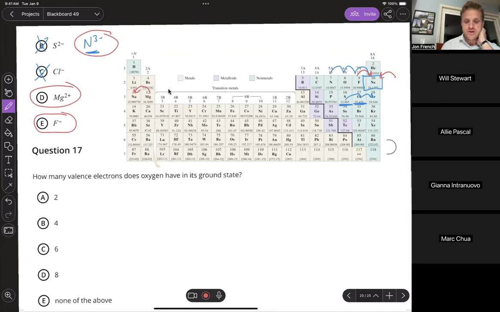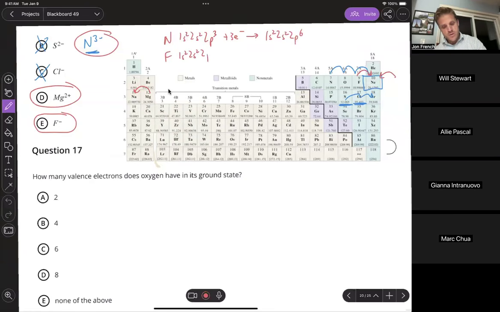They would be isoelectronic with neon. Nitrogen is 1s2, 2s2, 2p3. When it gains three more electrons, it's going to end up 1s2, 2s2, 2p6. Fluoride, 1s2, 2s2, 2p5.